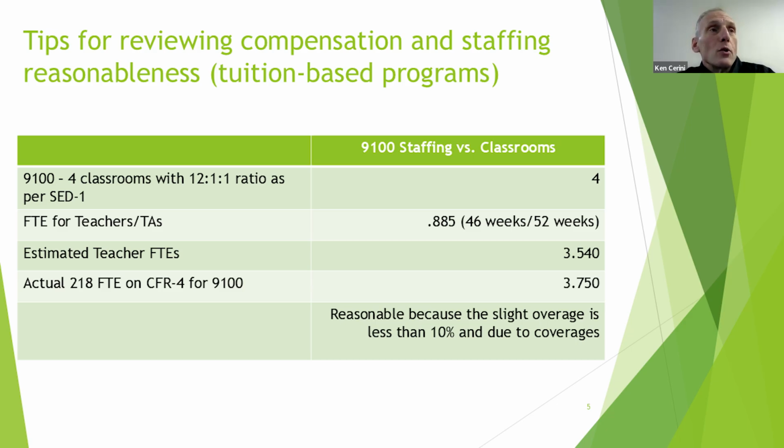So you want to make sure that your 218 really just reflects the teachers that are in the classroom on a regular basis, the ones that were hired to be the big person in front of that classroom. Any other people who are floating in for coverage when a teacher is speaking to a parent or at lunch coverage or any of that is not flowing into that 218 line code.